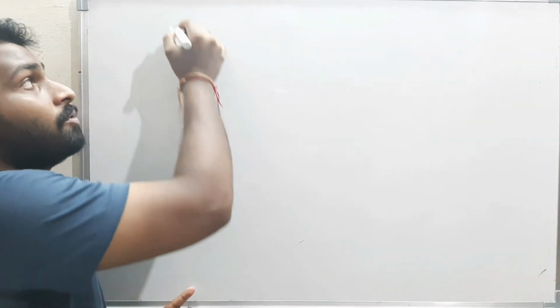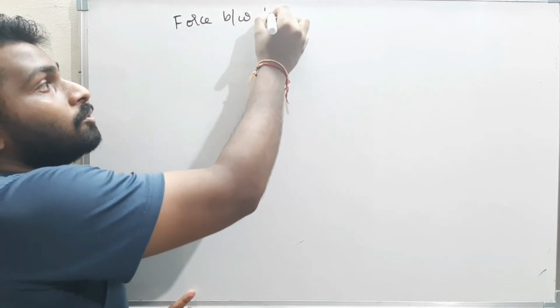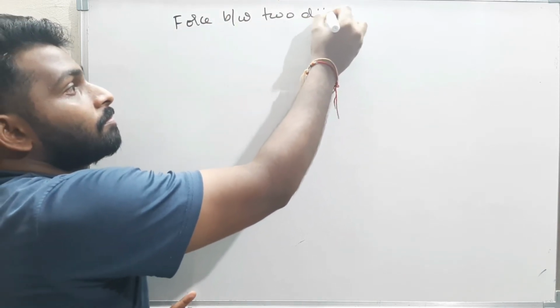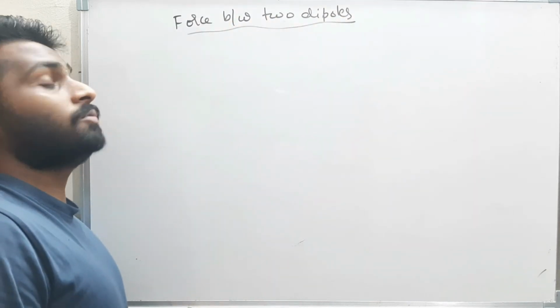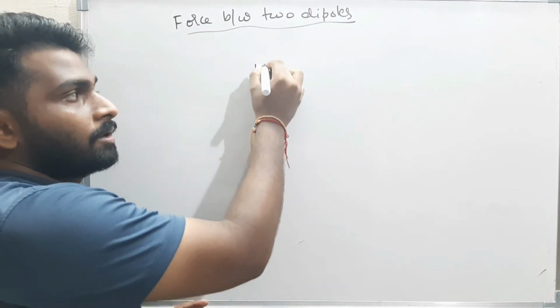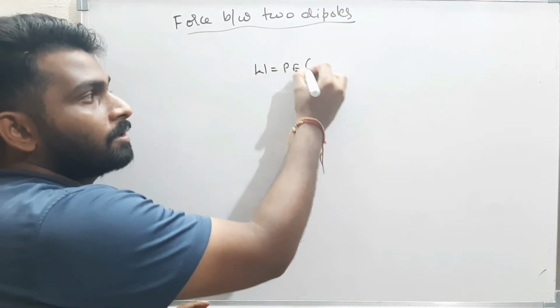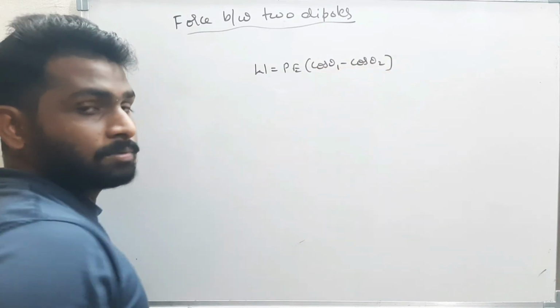Okay, now we will see the force between two dipoles. Before seeing the force between two dipoles, we will study a little bit more about the work done. What is the work done? PE into cos theta 1 minus cos theta 2. We know it.